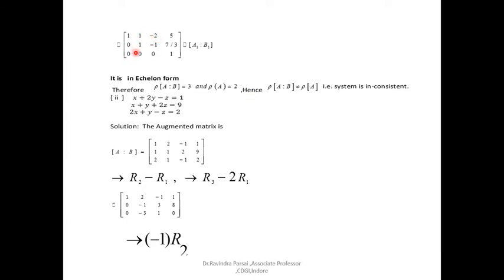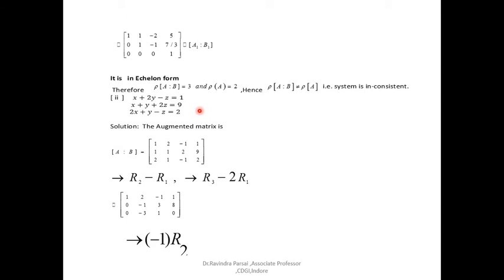This is the part of the coefficient matrix in echelon form, and the number of non-zero rows is 2, so its rank is 2. Hence the rank of the augmented matrix is not equal to the rank of the coefficient matrix, that is, the system is inconsistent.